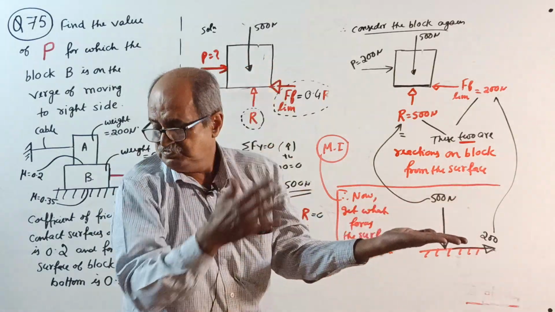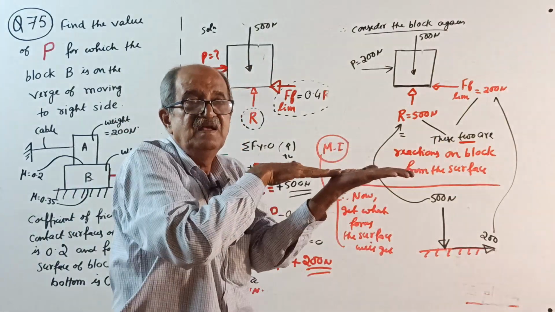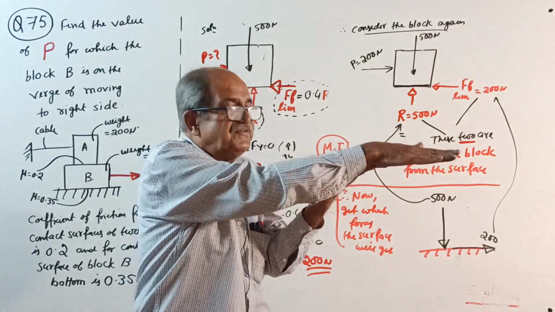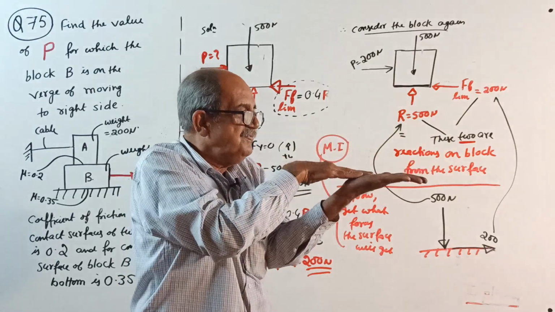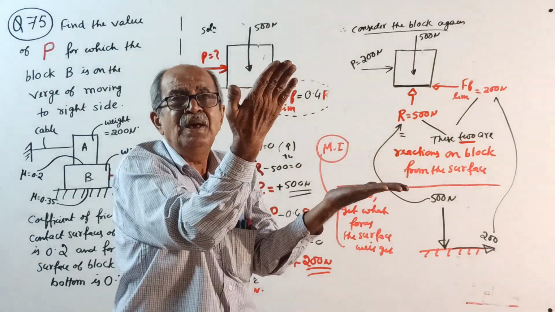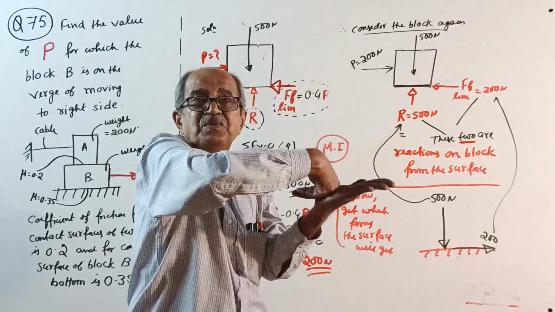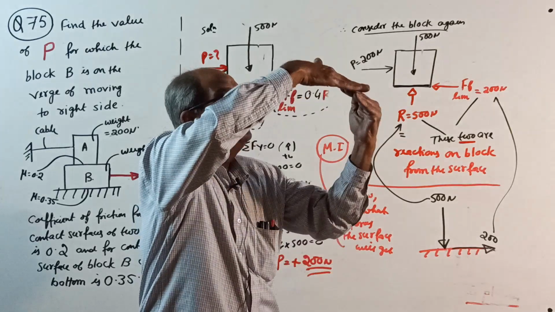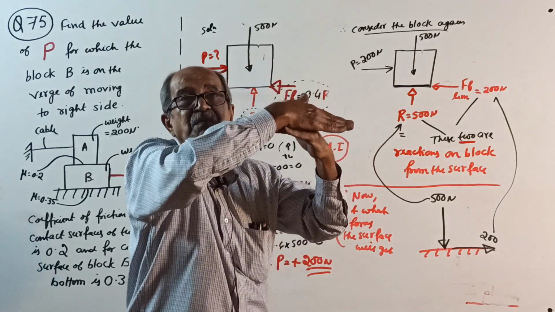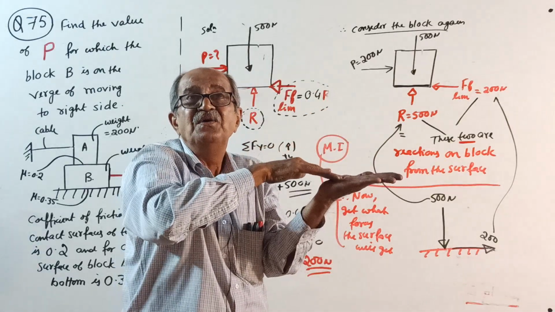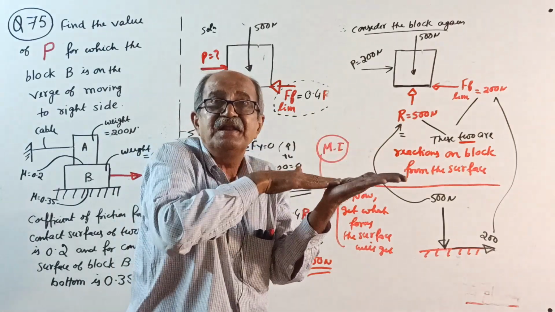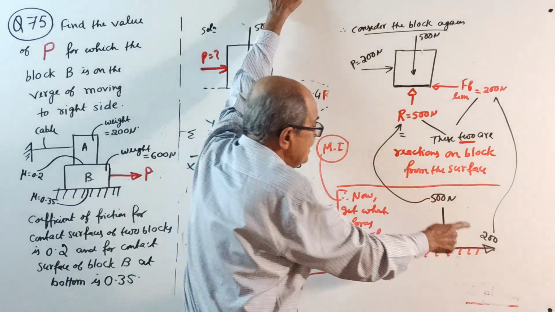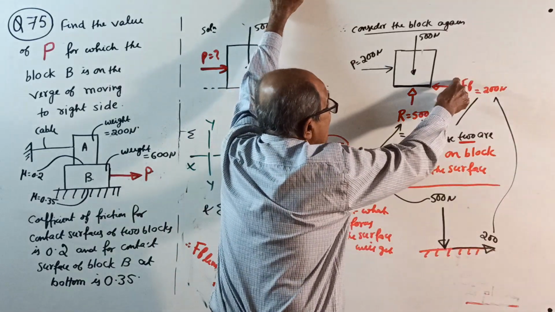When I move like this, for my upper hand the friction comes this way, which means for the lower hand the force coming is this way. This is the rubbing force, the reaction due to rubbing.